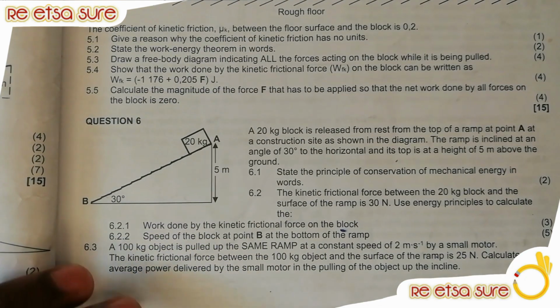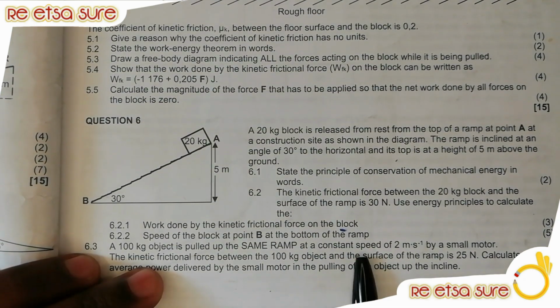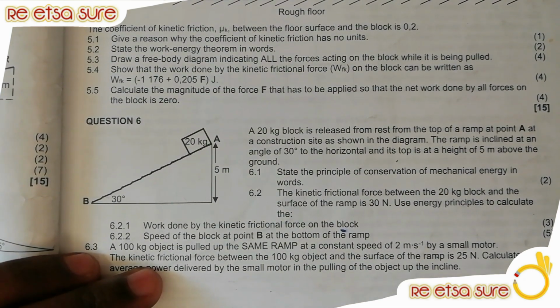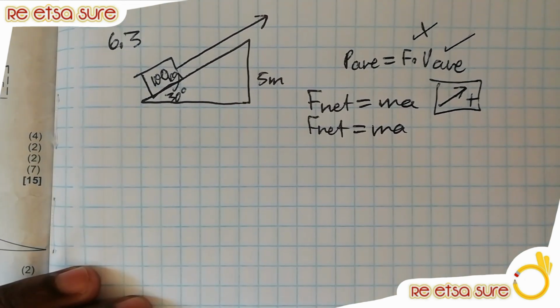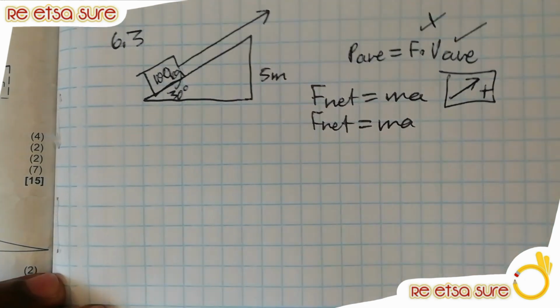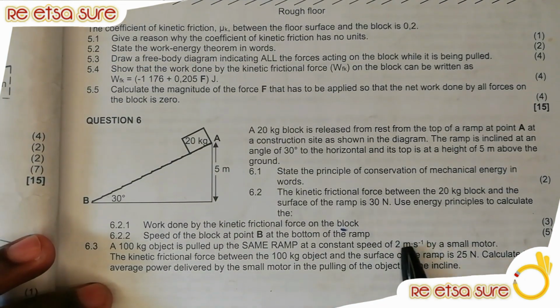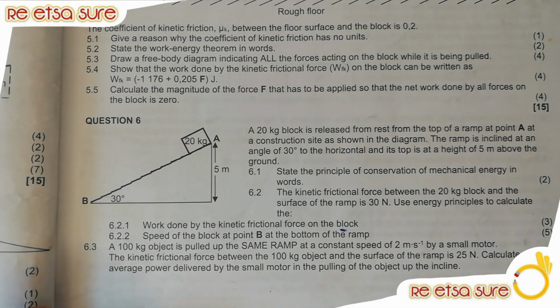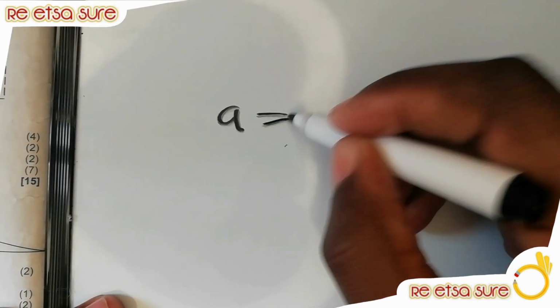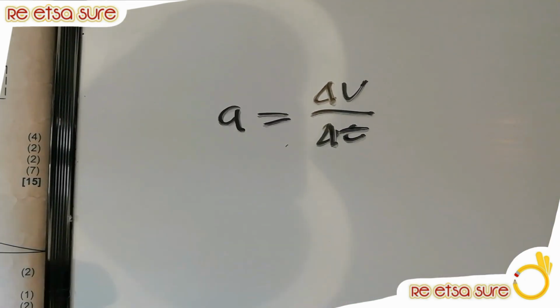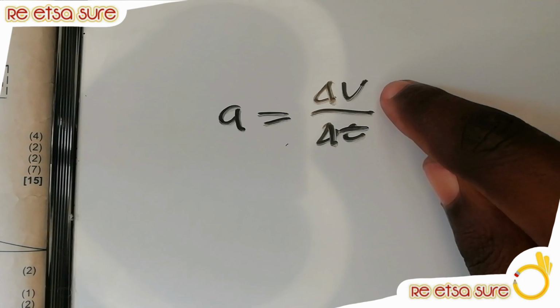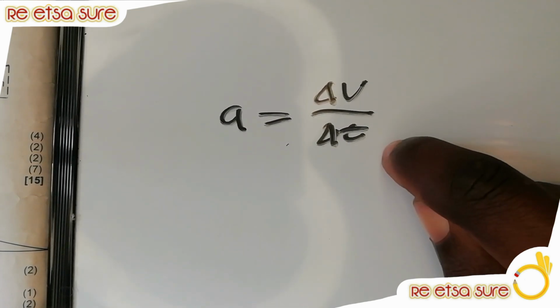Now since they told us that at a constant speed of 2 meters per second, there is no acceleration, but nobody wonders why acceleration is actually equal to 0. In this video, I'm going to explain why we always say acceleration is 0 when we have constant velocity. So we define acceleration as the rate of change of velocity, meaning we see how much velocity changes over time.